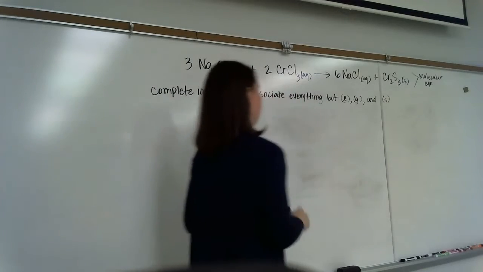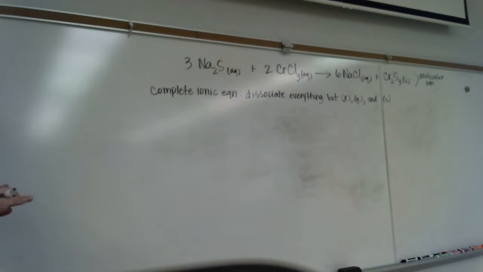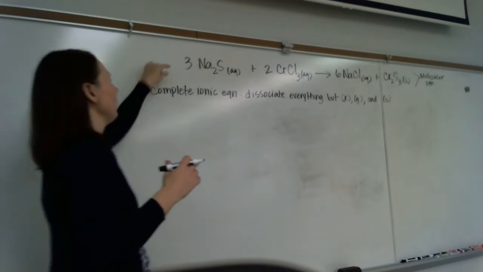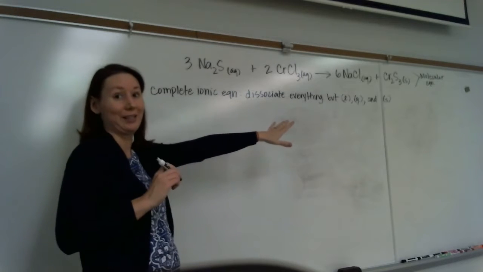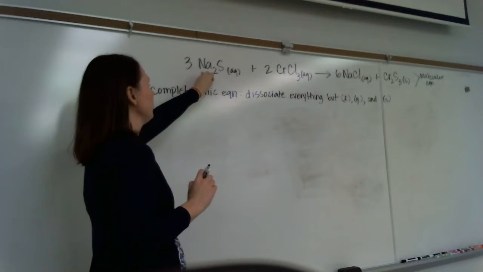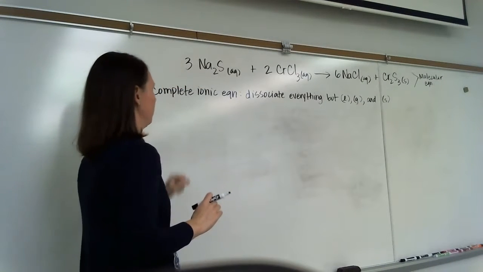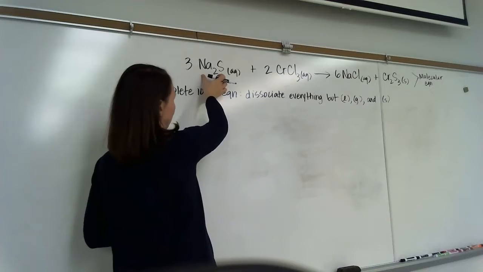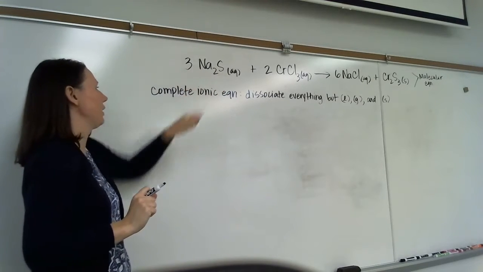So in other words, anything with an (aq) next to it, you need to dissociate back into its ions. And you would need to distribute any coefficients. So students really have a lot of opportunity to mess up here because you've got to uncrisscross what you just did here, and you've got to distribute any coefficients. So when Na2S dissociates, breaks apart into its ions, right? How many sodiums are you going to get?